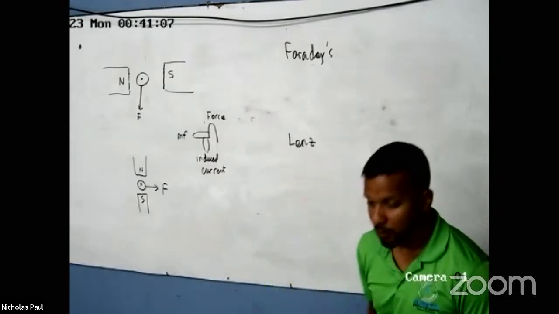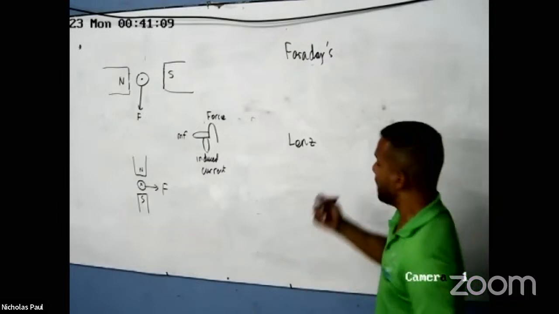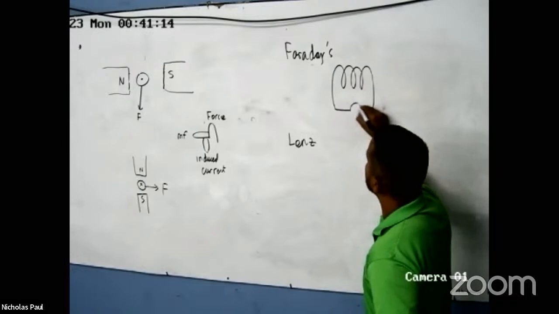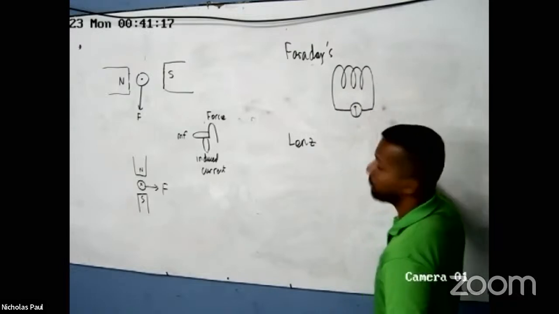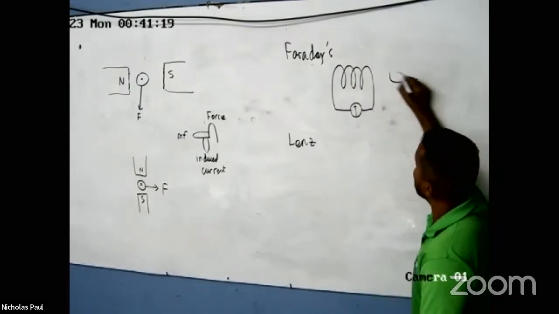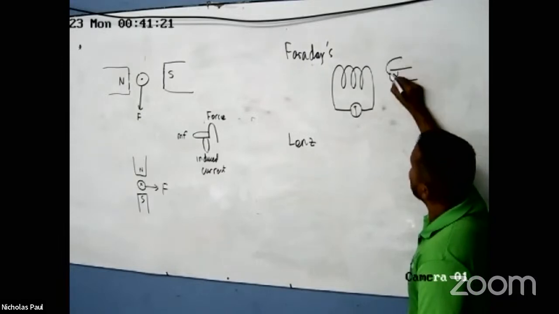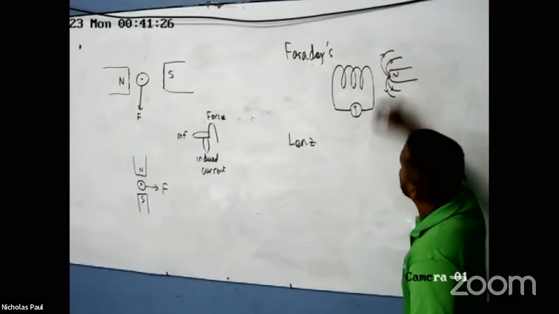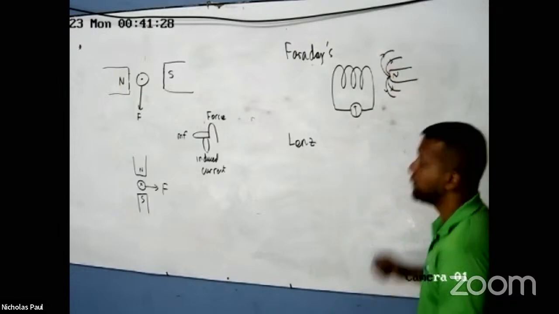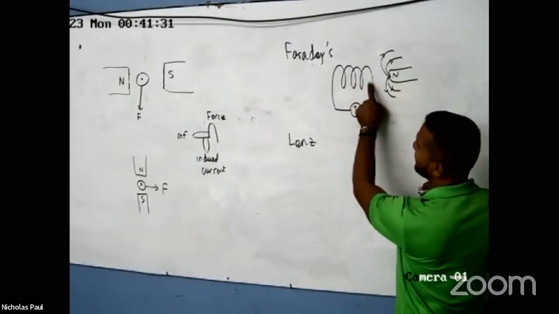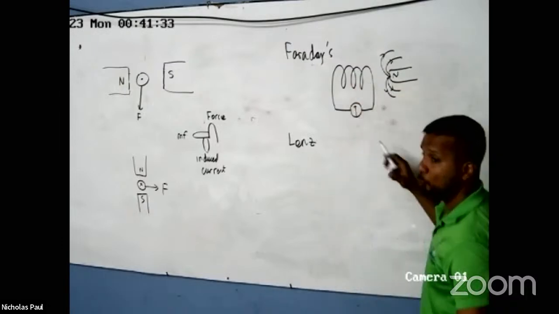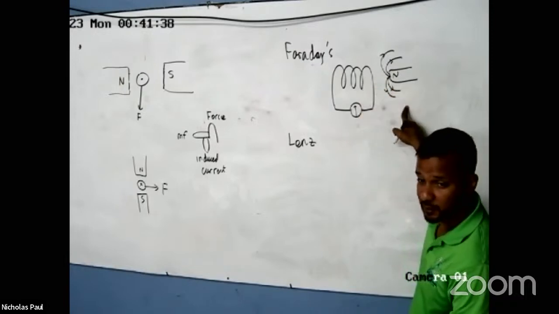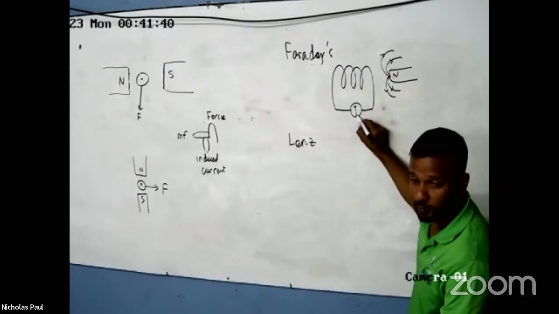Quickly, how these laws work is this. If you have a conductor like a solenoid, and you have a galvanometer here. If you take a magnet, around the magnet there's a magnetic field, of course. If you put this magnetic field inside here, once the conductor cuts these lines, you will get a current reading.